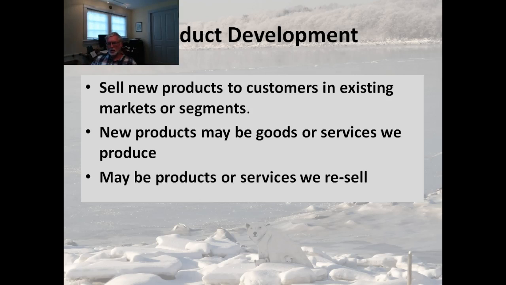So this is a strategy that Microsoft has used. They've got dominance in Office software. They've got dominance in operating systems for PCs, and they're trying to develop and sell new products to those customers who are already using their existing products. So we know Microsoft's biggest market segment is the business market.